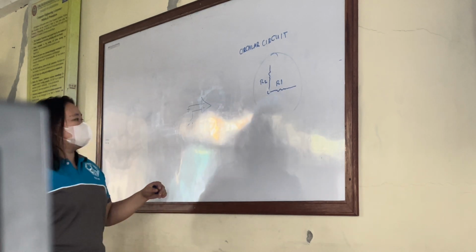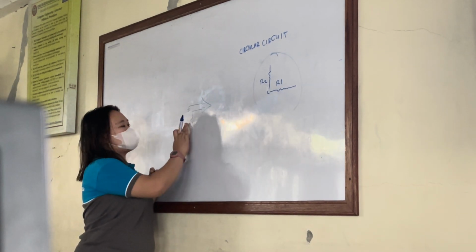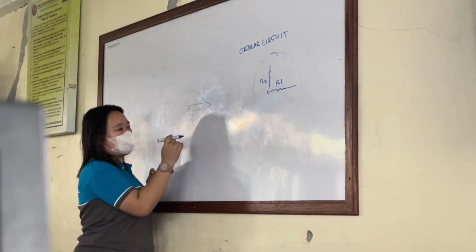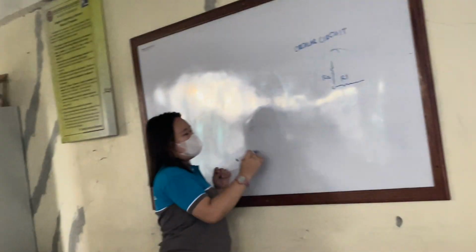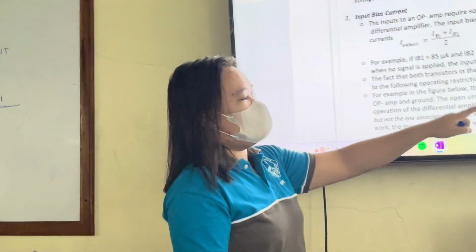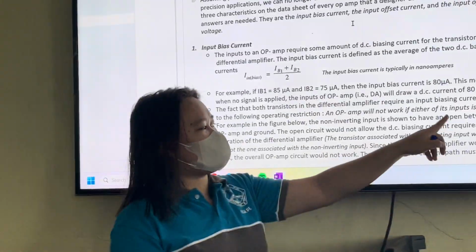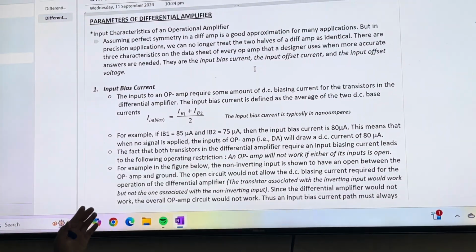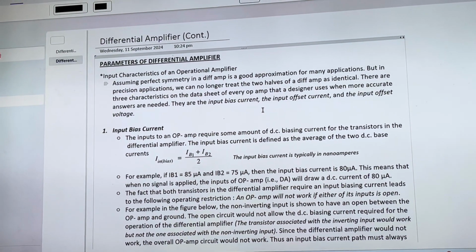So, for example, one input is grounded and one is open. The op-amp will not work if either of its inputs is open, even given that one input is grounded.